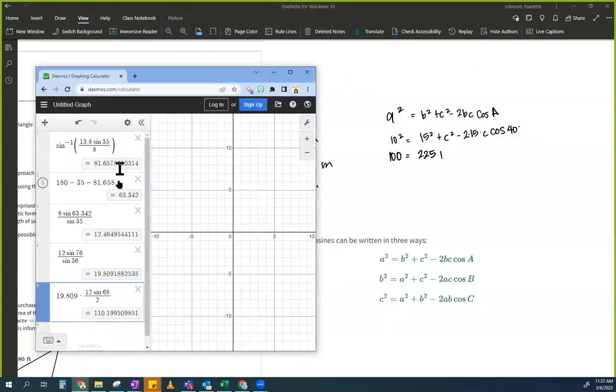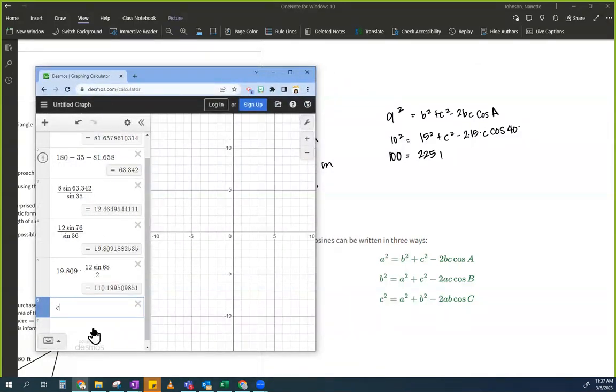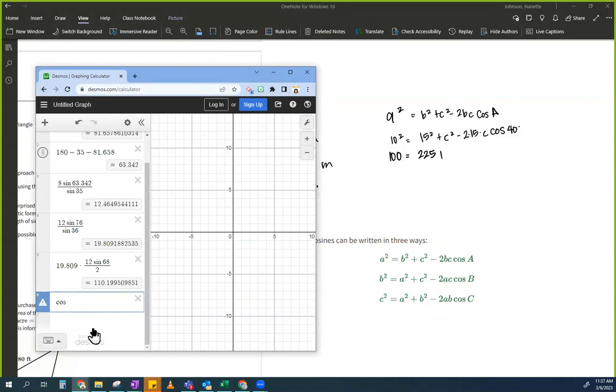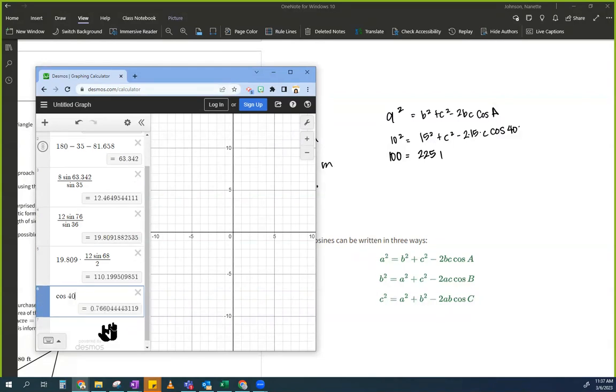And then some of you are like, Ms. Johnson, I thought you said to plug in last. I can't plug in last because of what's happening here. So it's like 0.766. And then, so I guess that's going to be times this 30. So let's put 30 in front here. So I got 22.98.